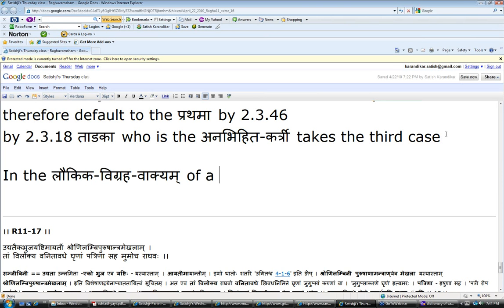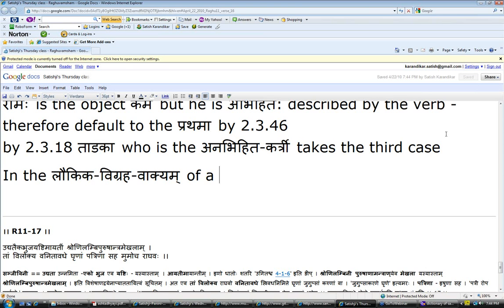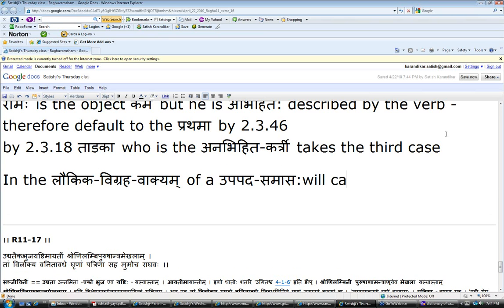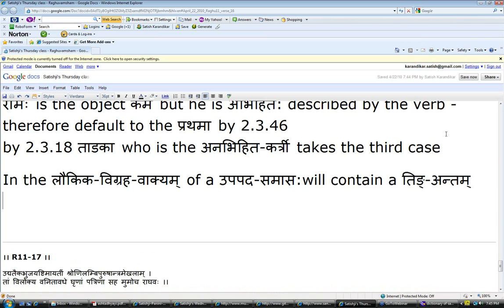If you remember that much only, when you read the commentaries and everything, you can easily pick up these Upapada Samasas. Let's put Tingantam. Okay, so that's the first thing we saw.